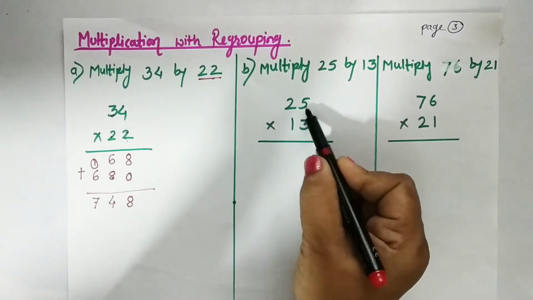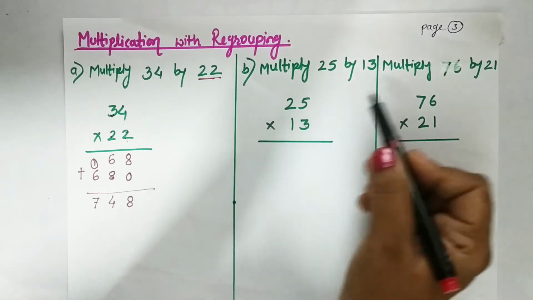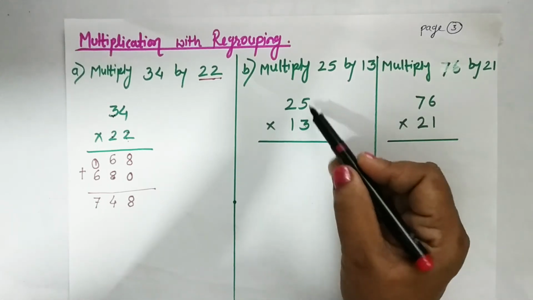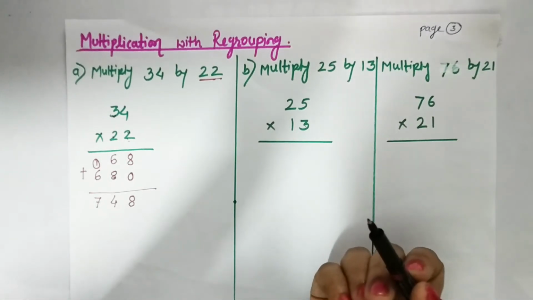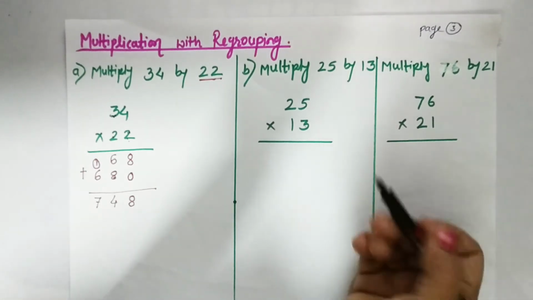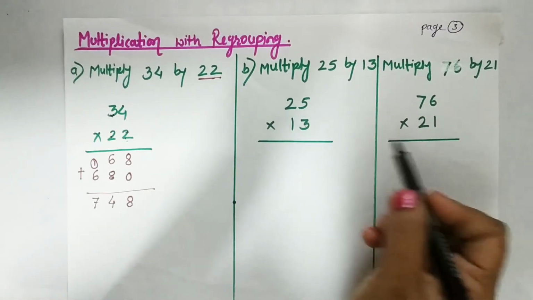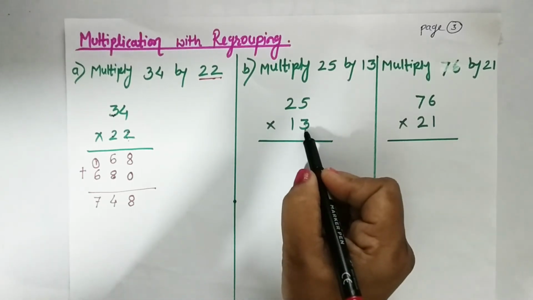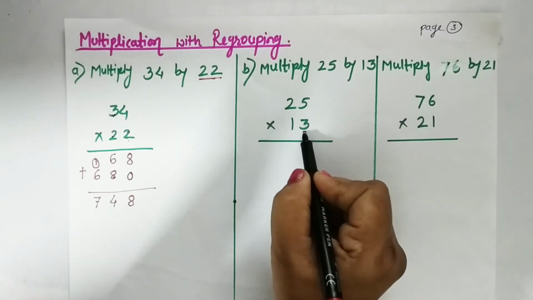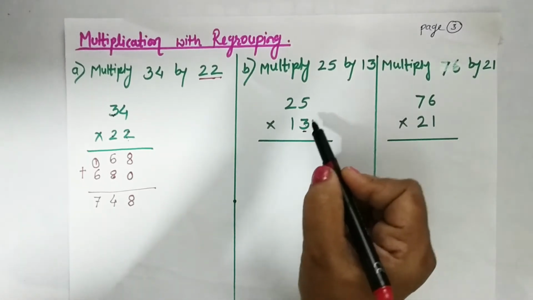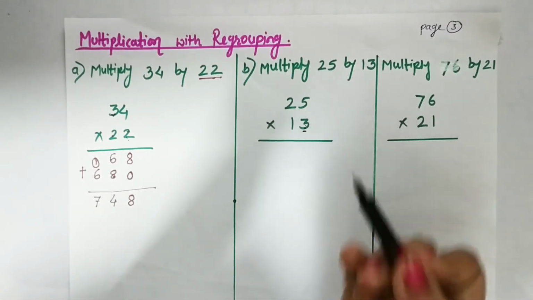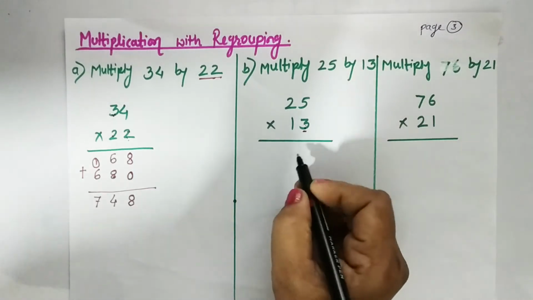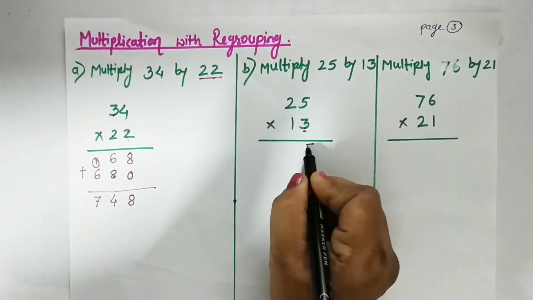Again write the number 25, give the multiplication sign and write this 13 below 25. Now this is your ones place and this is your tens place. Always start from the ones place number. Now we'll think about this number only first of all. So 3 5s are 15.